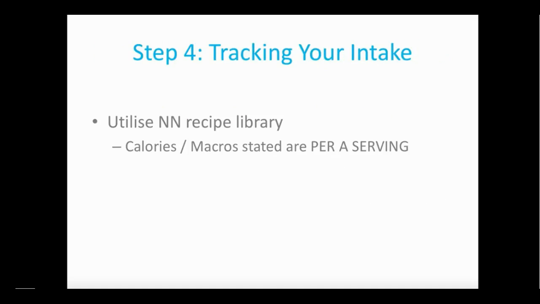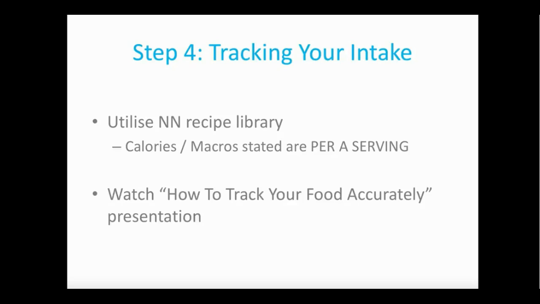Then we've got step 4, tracking your intake. Utilise the Naked Nutrition recipe library. Calories and macros stated are per serving. So within that library, which you've all got access to, you'll see that the macros are already printed at the top of it, and that's per serving, not per 6 portions.